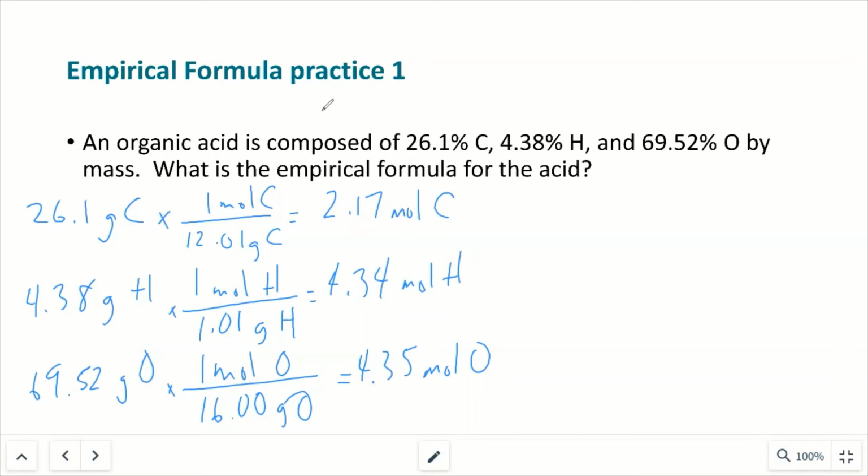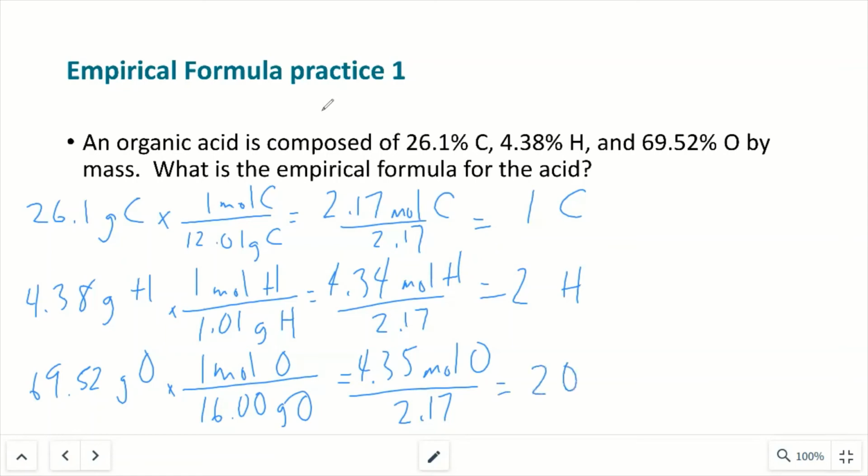Now, just to be sure, let's divide by the smallest number and see if we get whole numbers when we do. Dividing each one by 2.17, I get 1 carbon. 4.34 divided by 2.17 is 2, so we get 2 hydrogens. 4.35 divided by 2.17 is 2.00, so 2 oxygens as well.